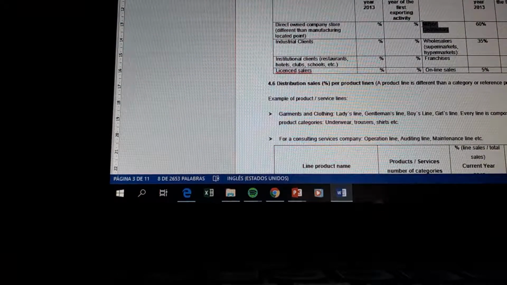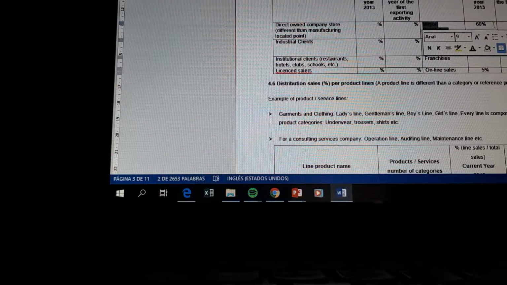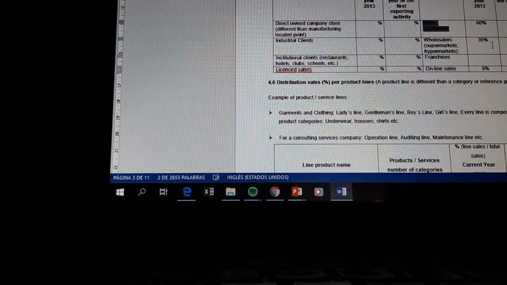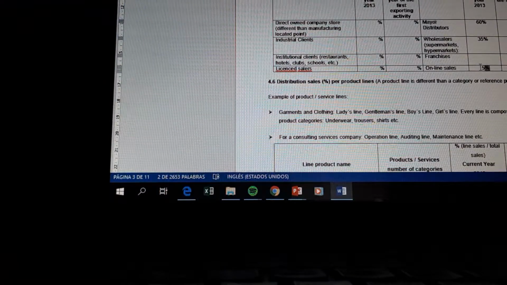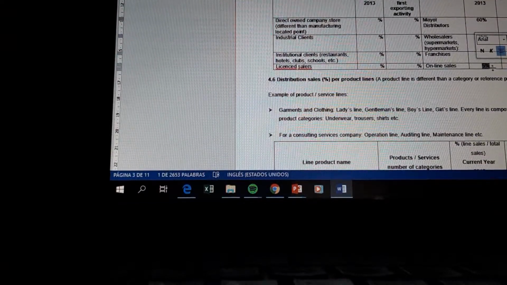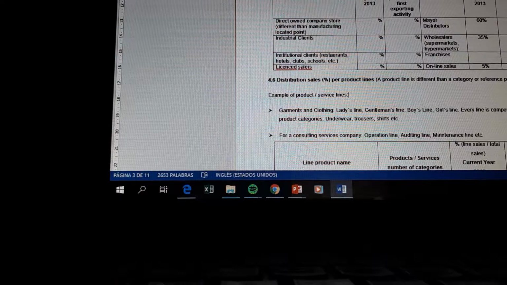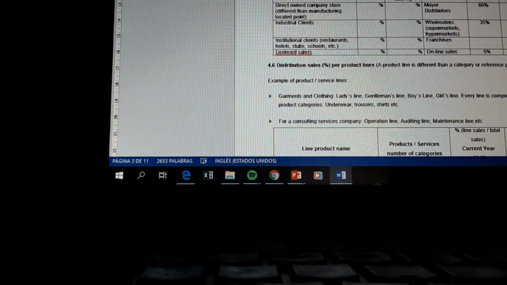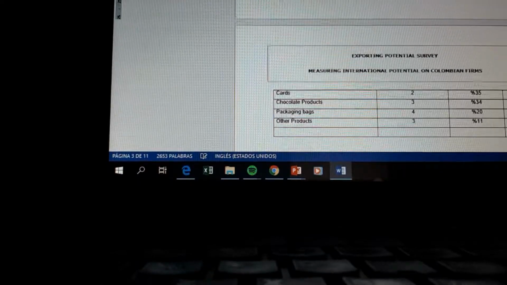So major distributors are very important, 60%, and 30% wholesalers for supermarkets and hypermarkets, and 5% online, from 0 to 5. It's not very important in terms of the final percentage of the sales, but it's increasing from one year to another. So that's a good thing also when we evaluate the exporting potential for the company.